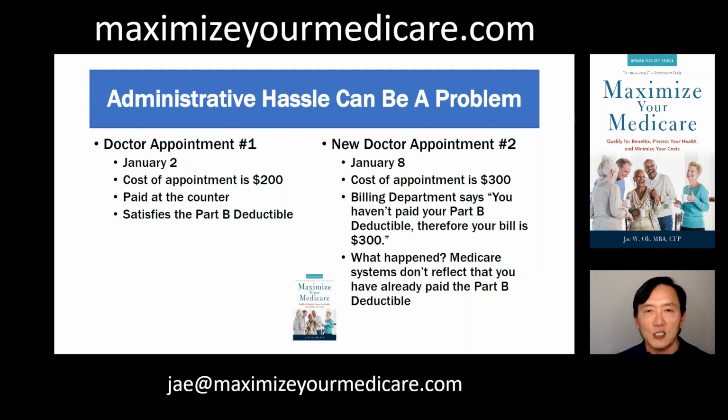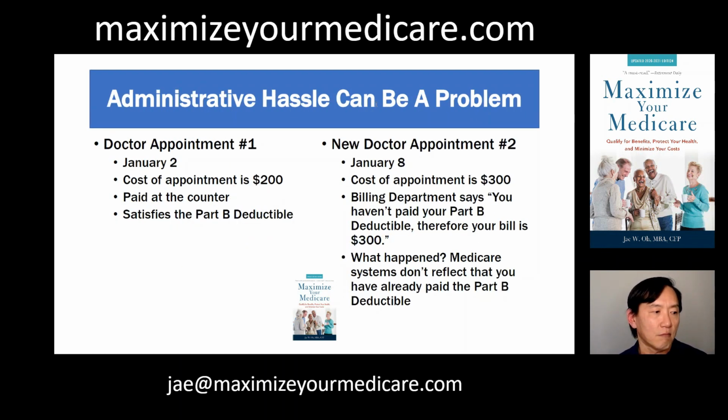In other words, they're not responsible for 100% of everything else there because you've not met the Part B deductible. What ends up happening? Doctor number 2 sends out a notice to a collection agency. So I'm not saying this is going to happen. I certainly don't hope this happens, but the idea that administrative hassles don't occur under Medicare is not correct.